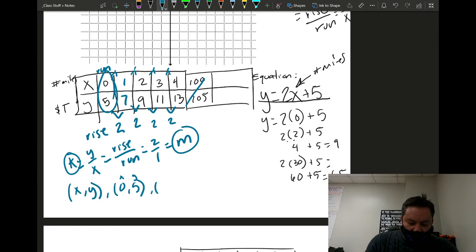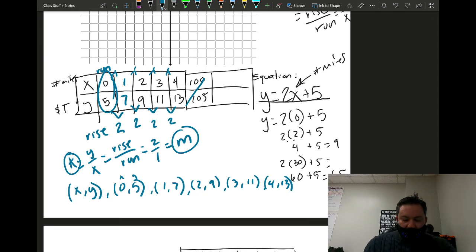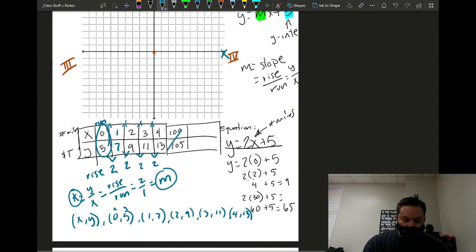The second one is gonna be 1 comma 7. The third one is gonna be 2 comma 9. The next one is going to be 3 comma 11. And the last one is going to be 4 comma 13. Why do we need this? We need these ordered pairs in order to plot our graph, okay? Now that we know this, we're going to do something real quick, okay?